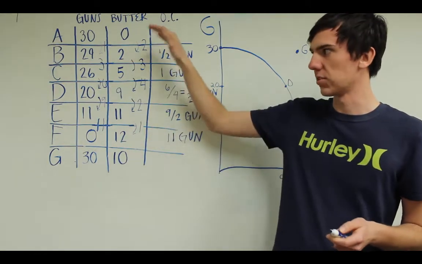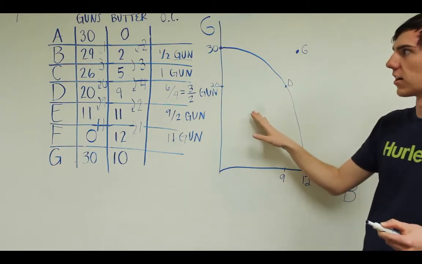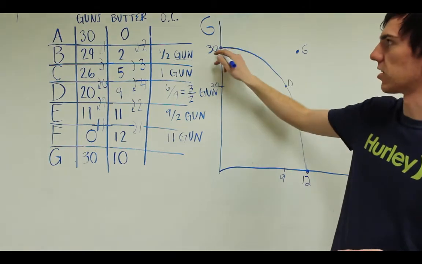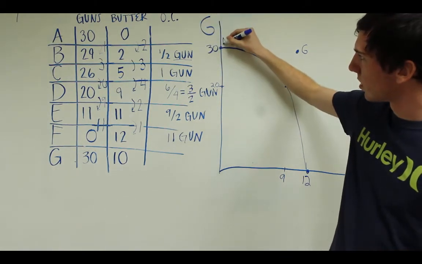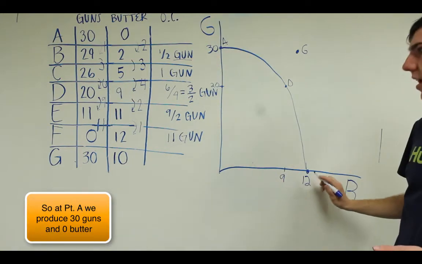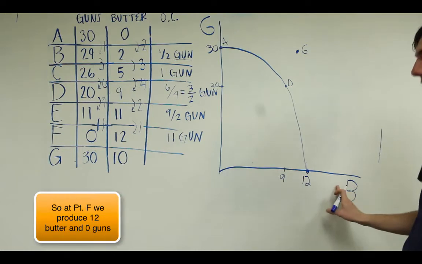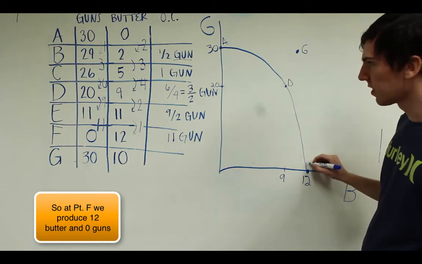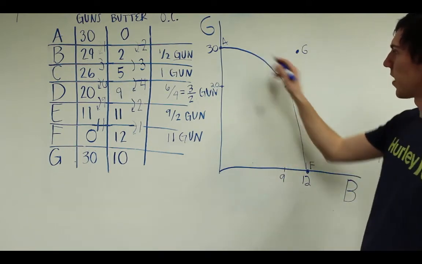Everything's the same, but I've gone ahead and started drawing a chart. Point A is represented by a Y value of 30, because guns are on the Y axis. All the way down to point F over here is 12 on the X axis and 0 Y, because butter is on the X axis. Here's an intermediary point that's still right on the curve.